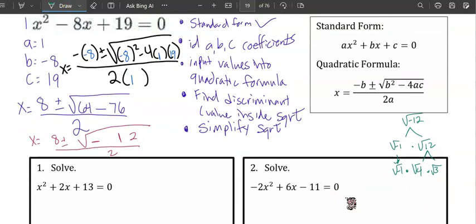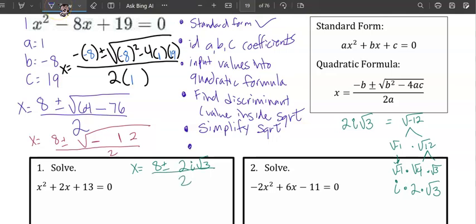Square root of negative 1 is i, the square root of 4 is 2, and the square root of 3 does not reduce, so we just leave it as square root of 3. So the square root of negative 12 is the same thing as 2i square root 3. And then we'll rewrite it. So we have x equals 8 plus or minus 2i square root 3 all over 2.